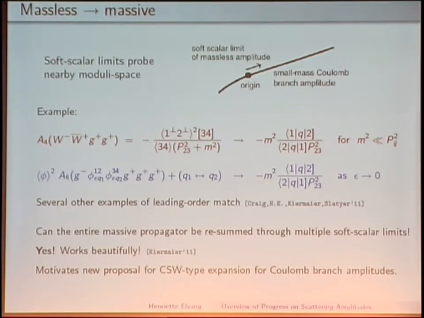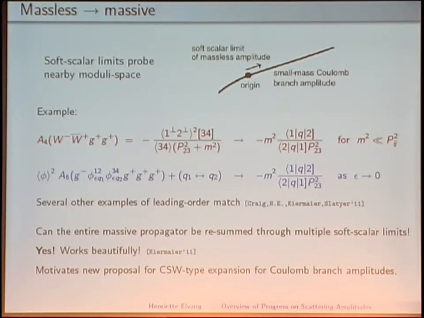And this can actually also be realized, and this was done in a beautiful work by Michael Kiermaier, who saw that you can express the amplitudes in such a way that you directly see how massive propagators get summed. Basically, the different orders in the mass come from inserting extra pairs of scalars in the massless case.